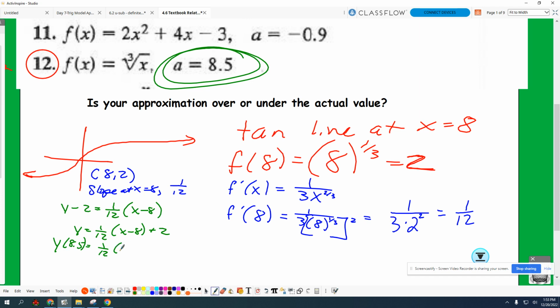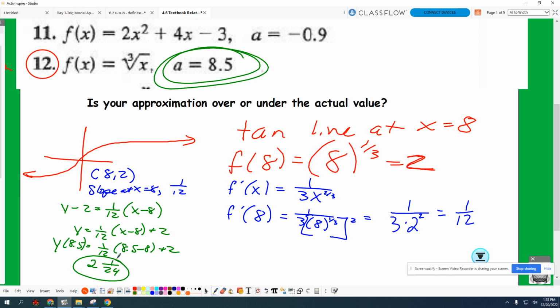So 1/12 times 8.5 minus 8, plus 2. 8.5 minus 8 is 0.5, also known as 1/2. So the approximation is 2 and 1/24.